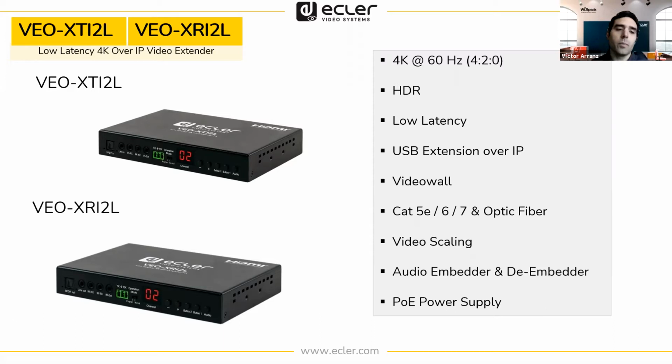You can send HDR images. One of the main features of these devices is their very low latency. We're talking about almost 20 milliseconds in a 60 hertz situation. There are several other functionalities, as you can see here: USB extension, video wall, a very versatile kind of product.